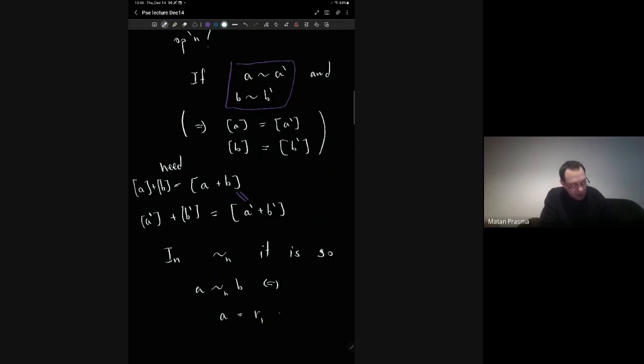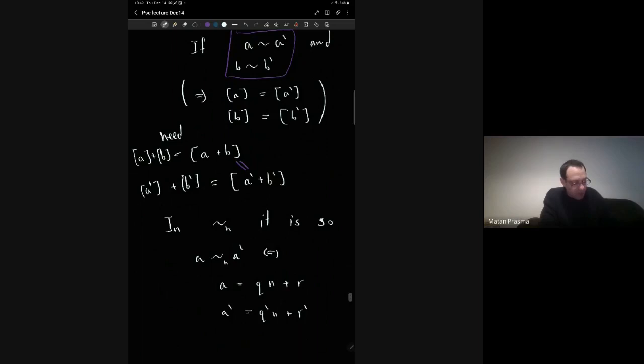let's say Q1 n plus R1. So if A is equivalent to A prime, then I can write A as, let's say, Qn plus R, and A prime as Q prime n plus R prime.